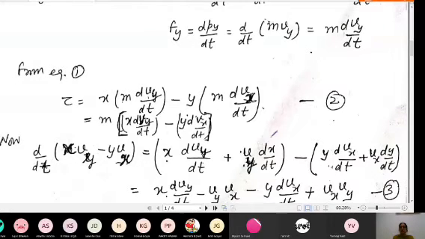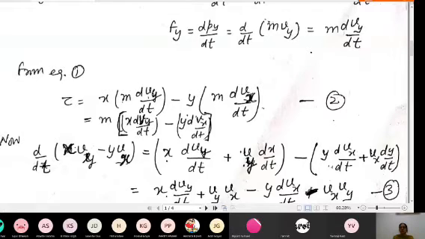Now this dx by dt is the derivative of the position, which means it is giving me the velocity along the x-axis. So I can write it as Vy Vx. Similarly here, with the negative sign, I'm getting x dVy by dt plus Vy Vx, minus y dVx by dt, and then minus Vx Vy.